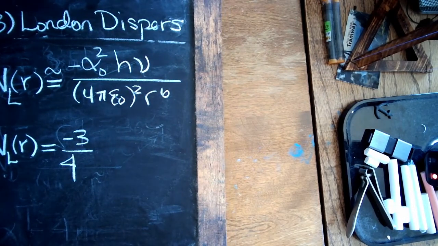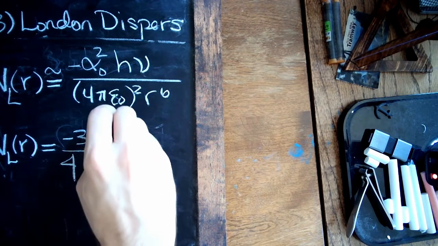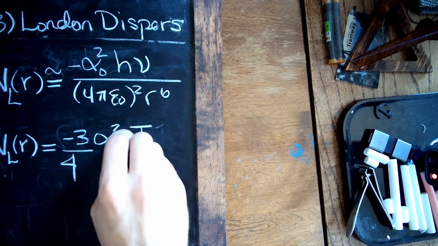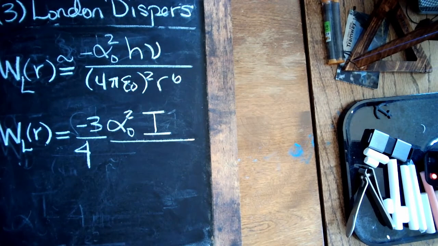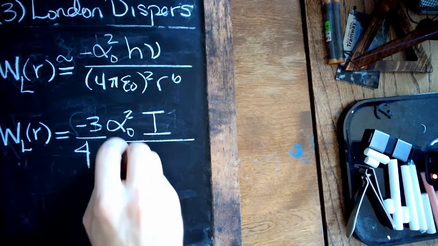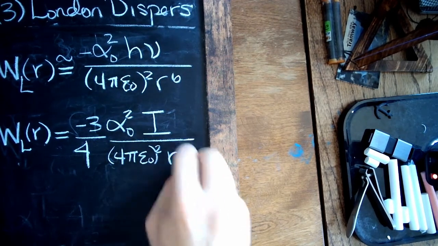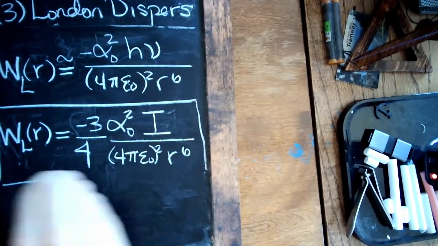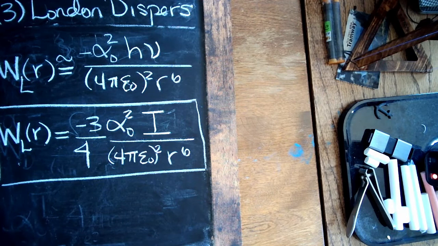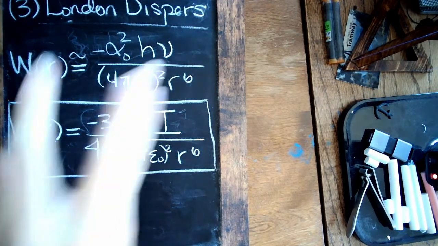And then we write the same, but we're going to replace h nu with I, because that's what we said was the ionization energy. That's a property you could look up for a particular atom, and we'll just write it in terms of that. Also with our constants, and of course the r to the 6 dependence. So that's really it. That's his result all the way back from 1930. What is that, 90 years ago? That's what he came up with.